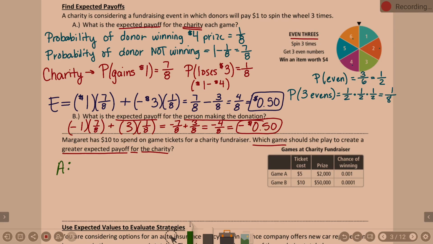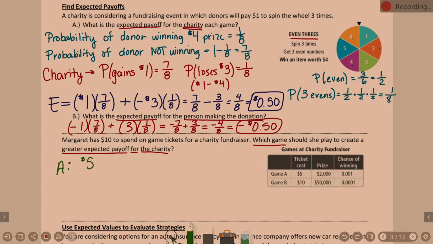Okay, so let's analyze game A. What do we know? How's the charity going to benefit here? The ticket costs $5, so the charity gets $5 if you play game A, right? What could the charity lose? $2,000.